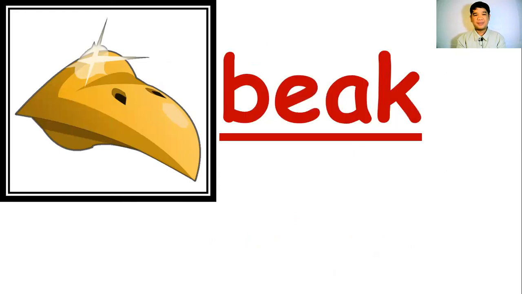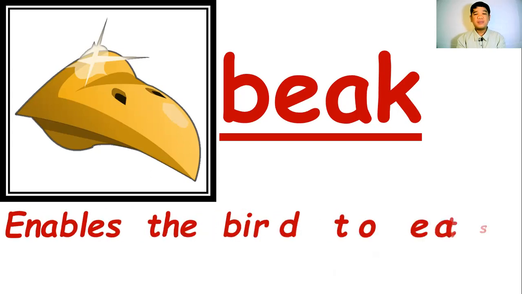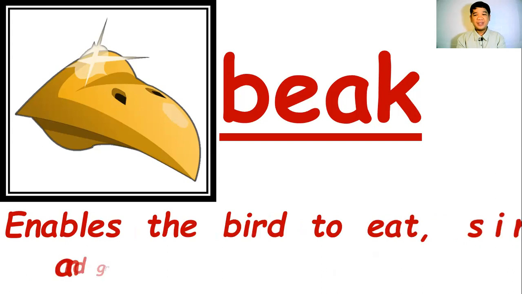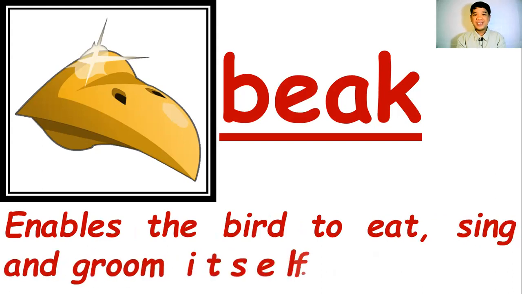All right, next. So this is the beak of the bird, the beak. Okay, what is the function of the beak of the bird? It helps or enables the bird to eat, sing, and groom itself.